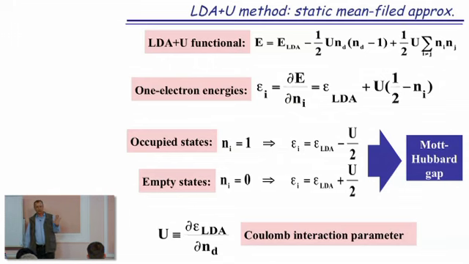That is the key point. With this correction, we can reproduce Mott insulators. For example, if you have a very narrow band, as for rare earth metals, in LDA they will always have a partially filled narrow band at the Fermi level. Now, with this correction, we immediately have an insulator.